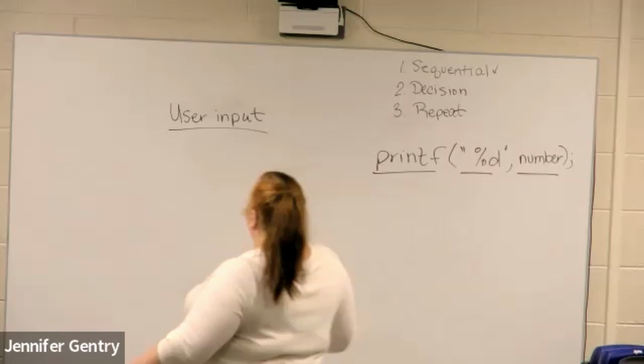Okay? Those 3 things you're gonna have to know. These 3 things you're gonna have to know. Sequence, decision, repeat. Okay? It'll say iteration, it'll say different things, but in essence, sequence, decision, repeat. And then again, declare, initialize, use, okay?